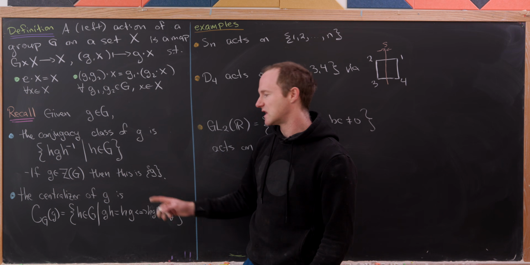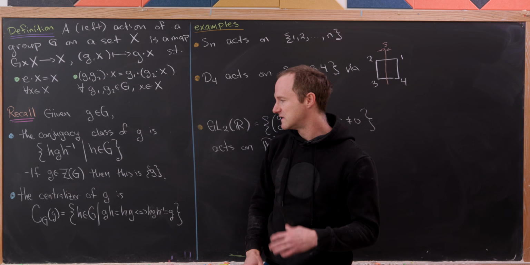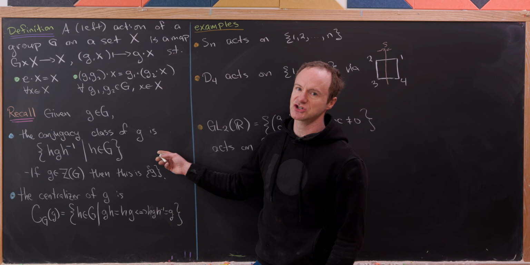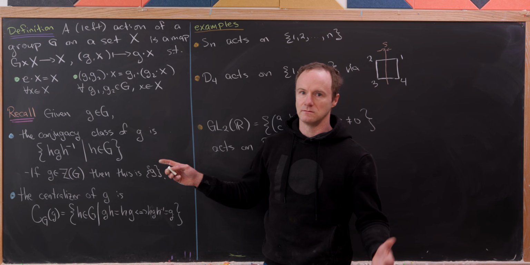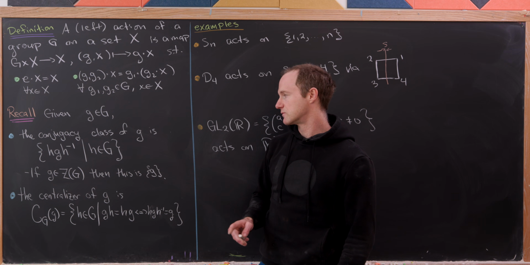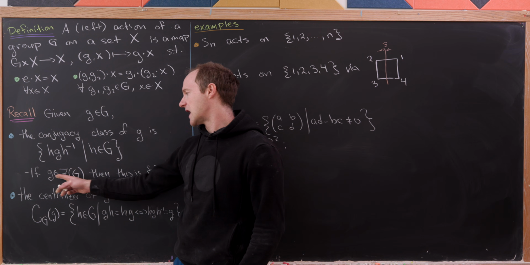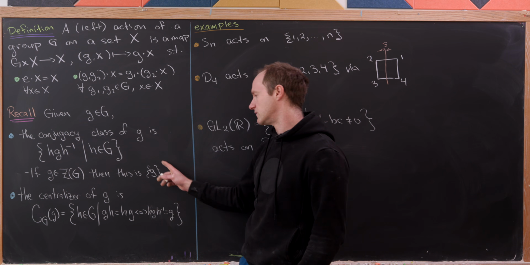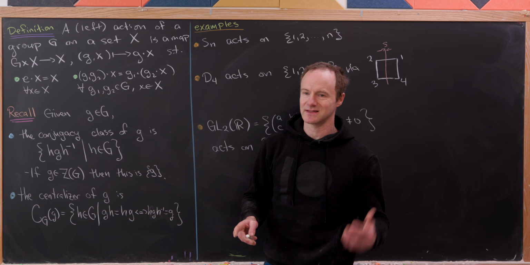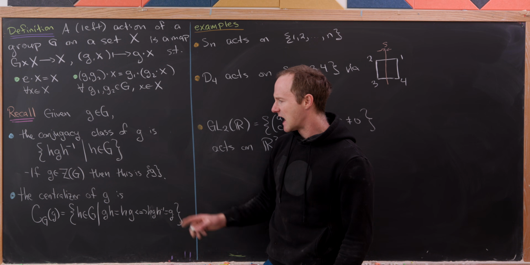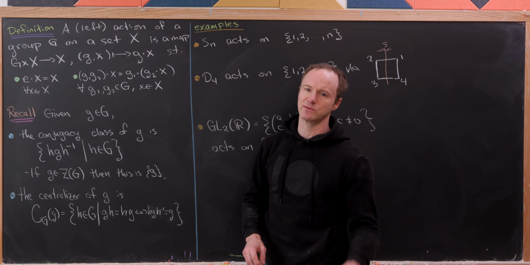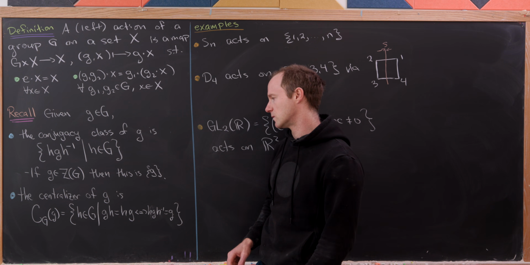Now, the centralizer is another idea we want to talk about, and this is a subgroup. The conjugacy class is most likely not a subgroup. Notice if you have a non-identity element from the center, then you've got the singleton right here, which is not the identity. But the centralizer is a subgroup, and you've probably seen it before.